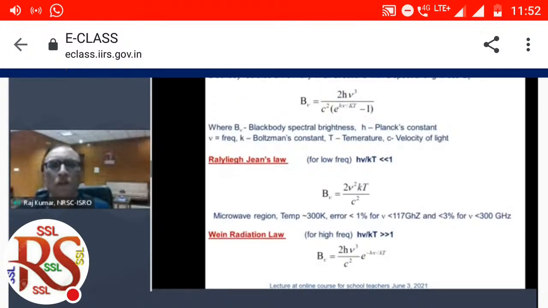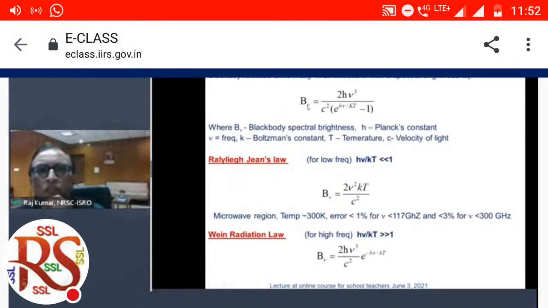Okay, now many of you might have read this, because it is one of the basics when we go for remote sensing. All these laws, like Planck's law, basically deal with the black body. Don't go into much detail. This is the overall brightness, or the spectral brightness, at a particular frequency or wavelength.